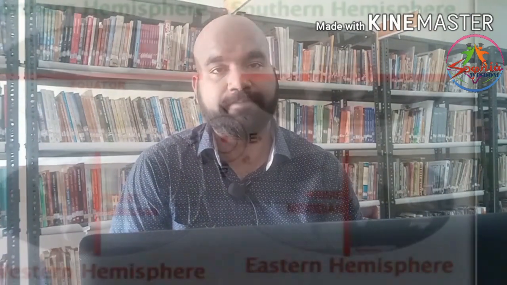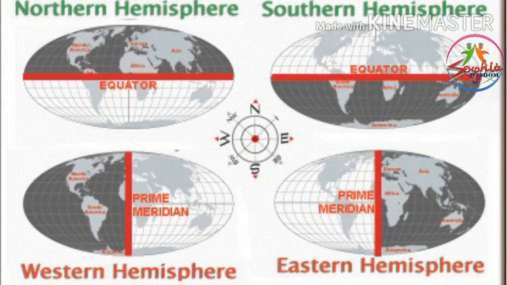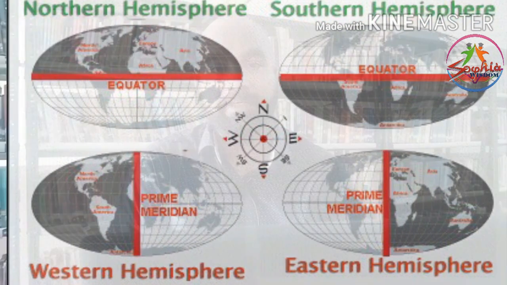How can we say whether it is north or south? We have already studied the equator. The equator divides the earth into two halves, and the upper half of the globe is the northern hemisphere and the lower is the southern hemisphere. So the location of India is in the northern hemisphere of the globe.